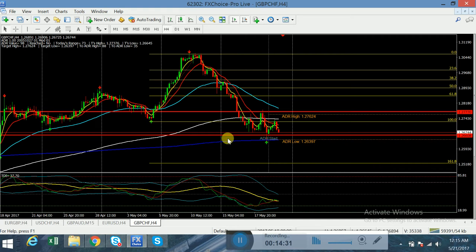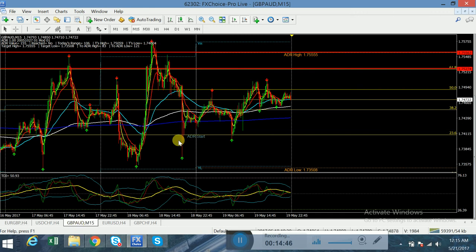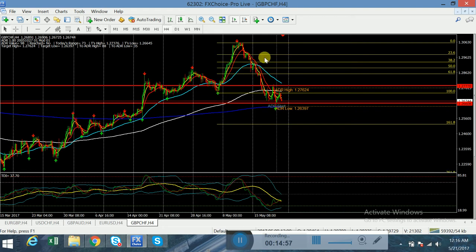But again, this is an area of consolidation, so this is a trade that we would actually want to avoid for the week. But something like this, clear trend direction, it's going to be a lot smoother. You're going to have a lot smoother ride. You see on this pound CHF, we've already come back to the moving averages and brought them back close together.